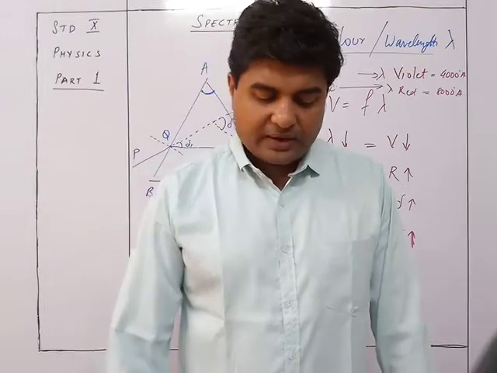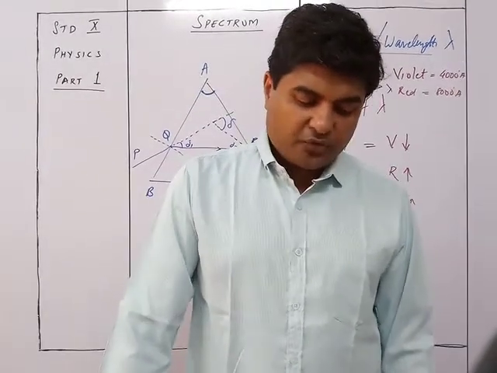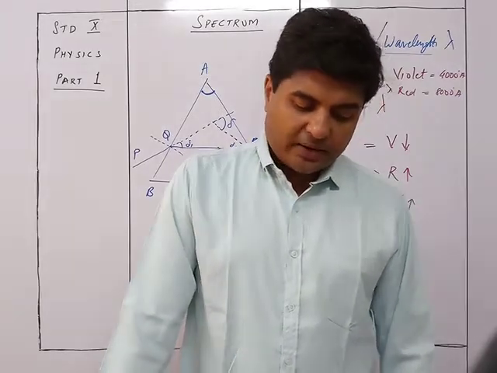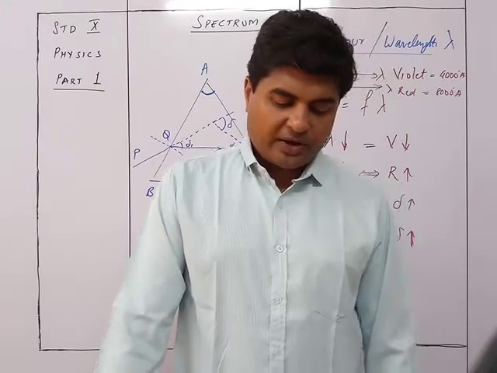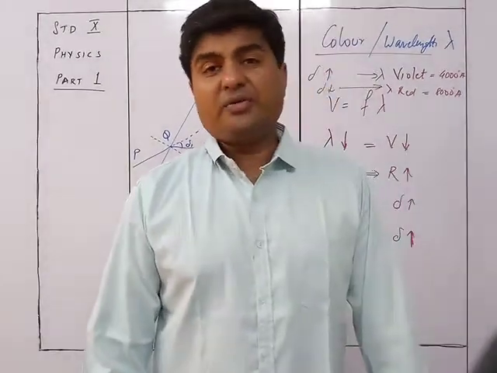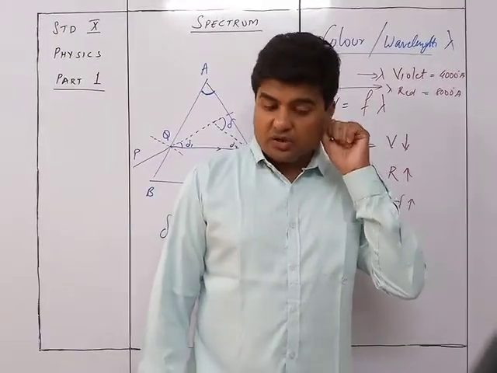And frequency accordingly will be 7.5 to 6.73, 6.73 to 6.47, 6.47 to 6.01, 6.01 to 5.19, 5.19 to 5.07, 5.07 to 4.84, and 4.84 to 3.75. These are the different wavelengths and the frequencies of the different colors of the light.